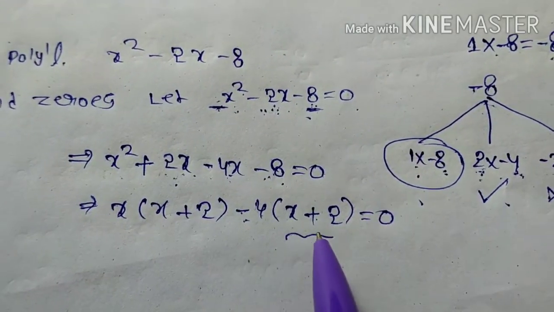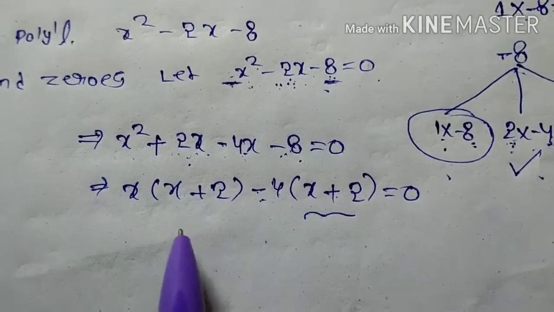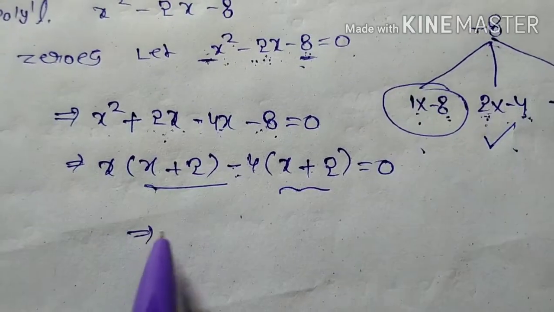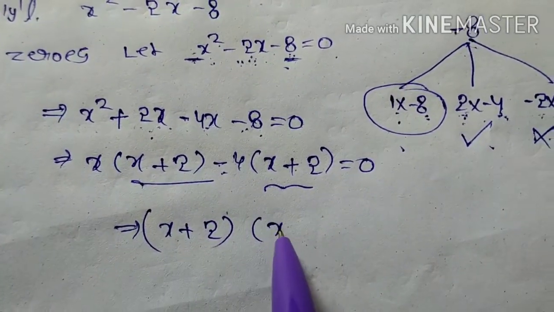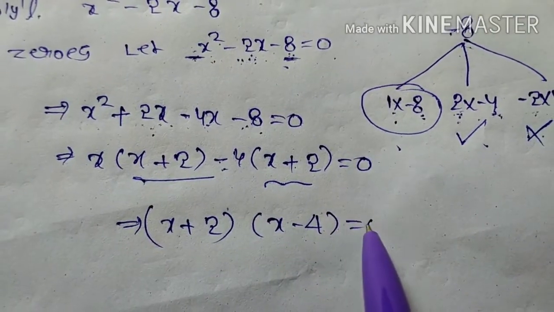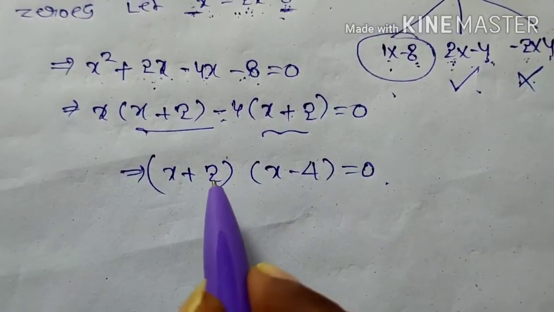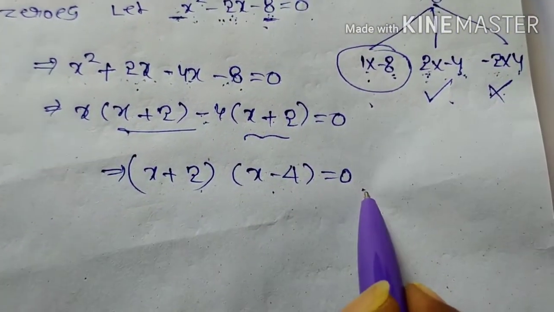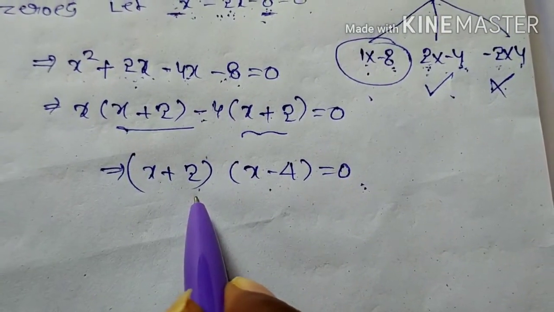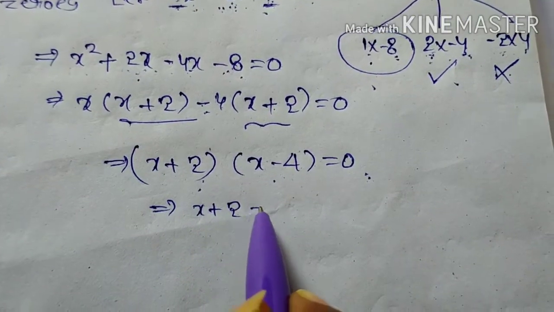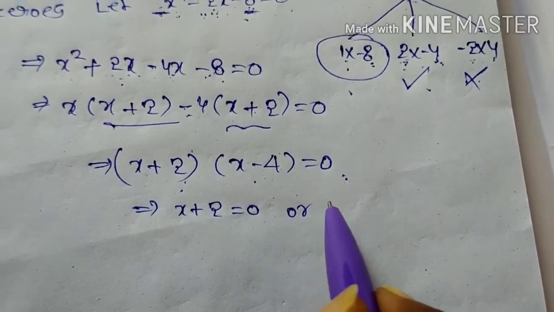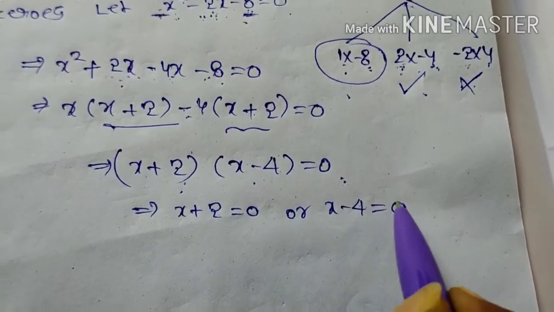You can take x plus 2 as common factor. So you can write x plus 2 into x minus 4 is equal to 0. Now, if a into b is equal to 0, it means either a is equal to 0 or b is equal to 0. That means x plus 2 is equal to 0 or x minus 4 is equal to 0.